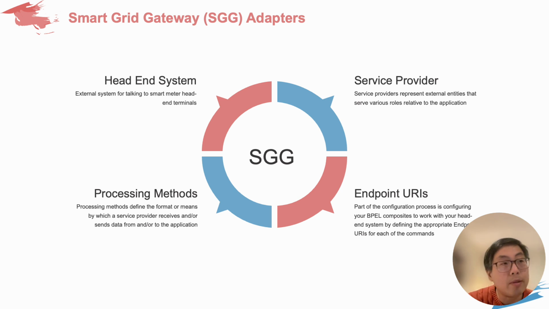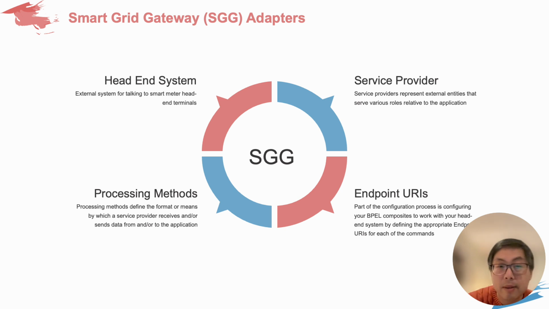The processing method actually defines what object to create and what action to perform. There are a lot of details in that, and there are some examples in the help document in C2M as well.